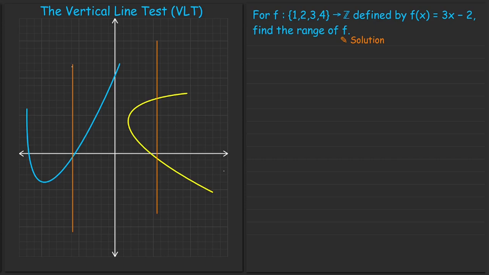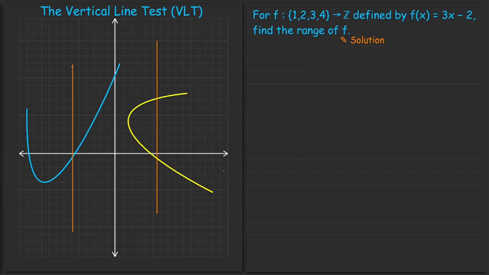So looking at our first question here, it says for f, which has a domain 1, 2, 3, and 4, which maps to z, defined by f of x equals 3x minus 2, we have to find the range. You see, we have to find the elements in the codomain that are mapped by what? These domains over here.